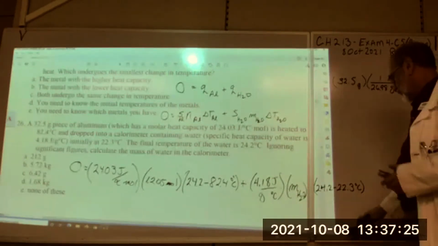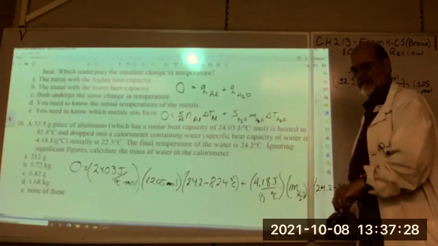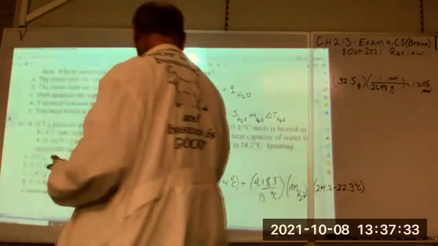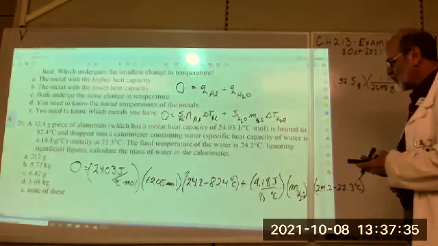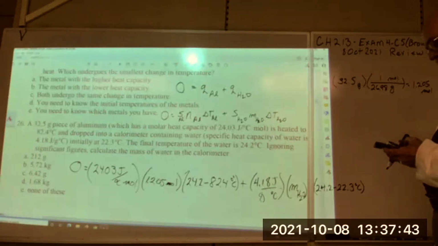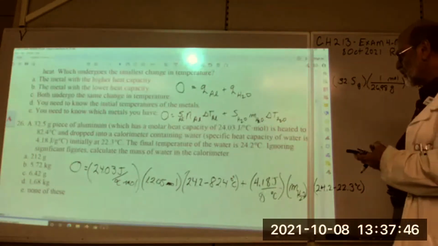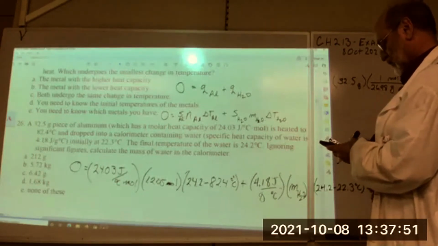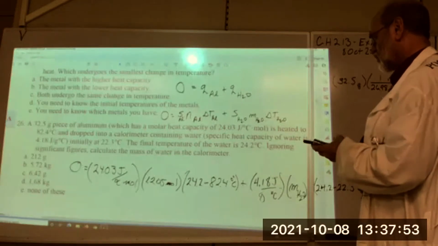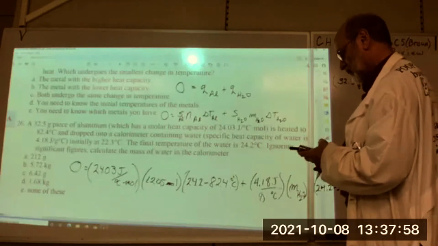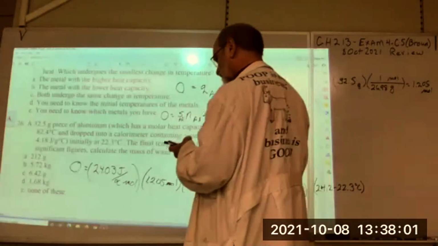Right? Let's see, do I have time to do that? We'll give it a go. Let's do it in stages. Let's do this one first. 24.2 minus 82.4 is minus 58.2, times 1.205 moles times 24.03 joules per mole degree C. And that one is minus 1685.